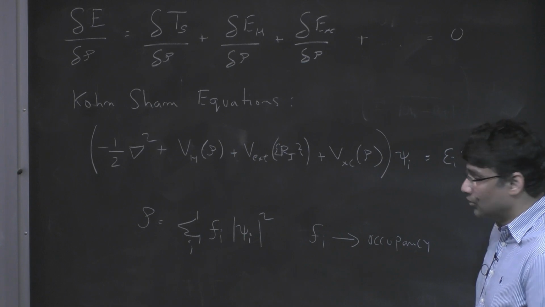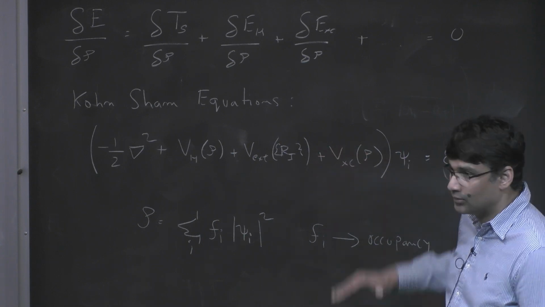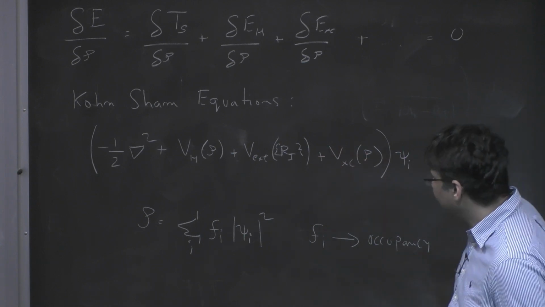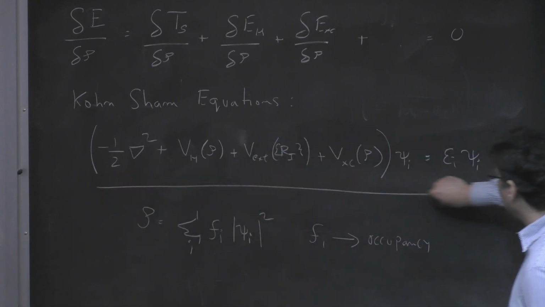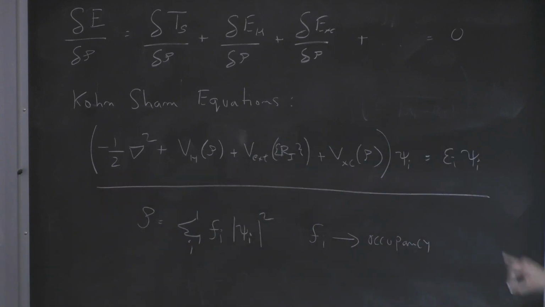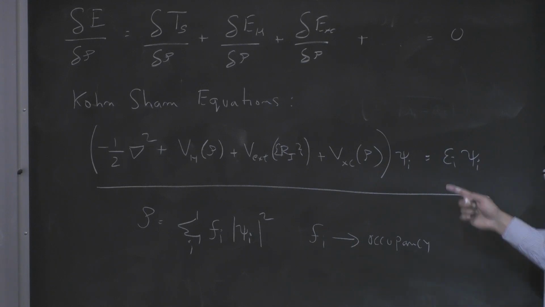So there are two challenges in solving the Kohn-Sham equations. First, we are solving an eigenvalue problem where we have to compute as many eigenstates as there are electrons in the system. Because this is a single particle picture, each state is occupied by one electron, or doubly occupied if both spin up and spin down have the same spatial orbital.